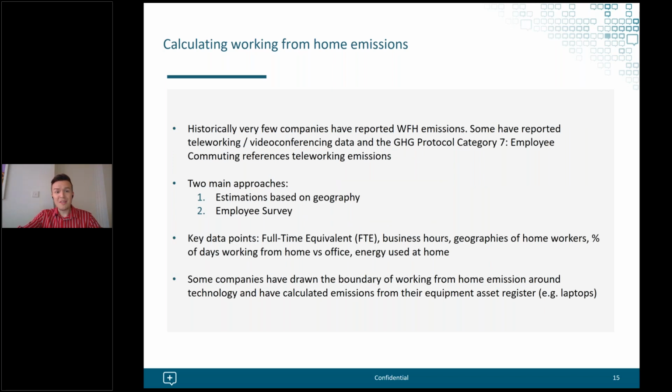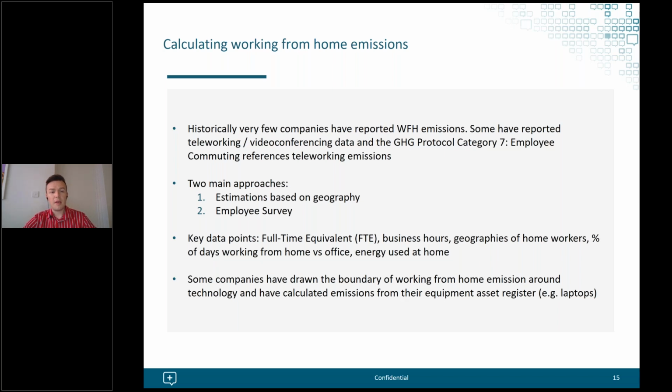Just like our poll, historically, very few companies have reported on working from home emissions. In the GHG protocol category 7 employee commuting, there is a reference to teleworking emissions, but it's not specifically outlined in very much detail at all. And so what we're seeing now is companies that want to start collecting this, there's two main approaches to doing this.